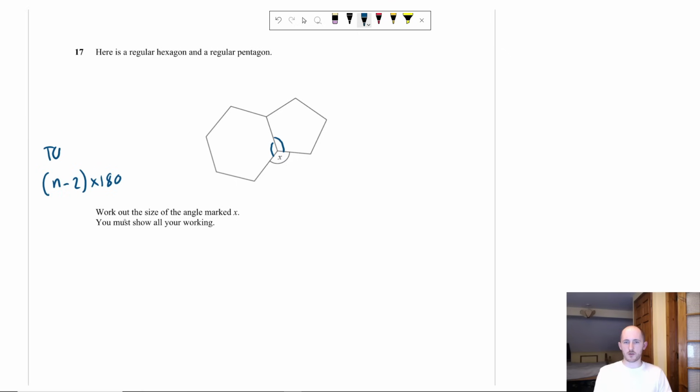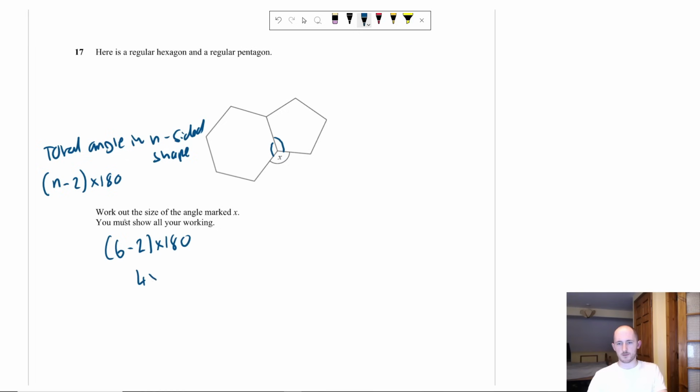This is for the total angle in an n-sided shape, okay? How many sides does a hexagon have? 6. So we're going to do 6 minus 2, which is 4 times 180. So double it is 360, double it again is 720 degrees.